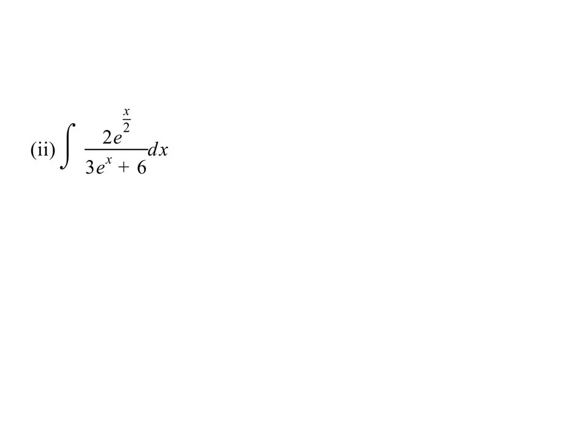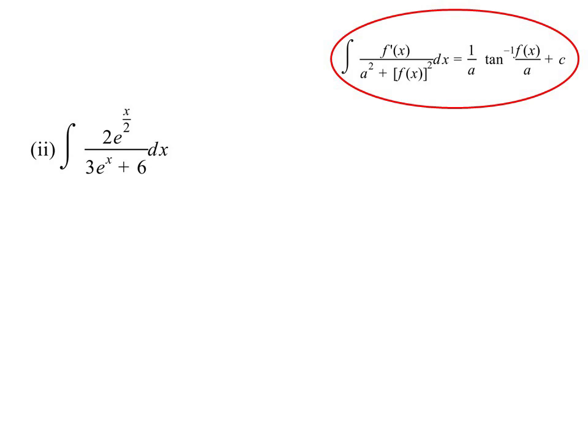Therefore, this is e to the x. This one here, I haven't got the derivative, but x on 2, this is inverse tan. I've got derivative on the function squared plus a constant. I can manipulate this one to get it into that inverse tan form. There it is. Remember, in the denominator, I want to get it to a plus the function squared.